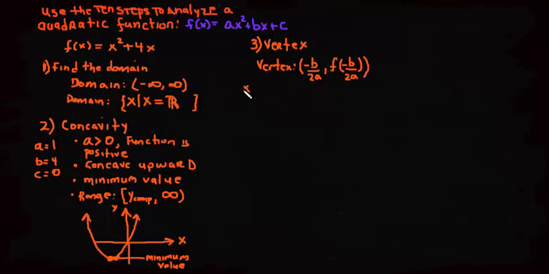So x is equal to negative 4 over 2 times positive A, positive 1, which is going to be negative 4 over 2, so your x component is going to equal negative 2. So x is equal to negative 2 here in this case. So we say y is equal to f of negative 2, plugging that into the original function.